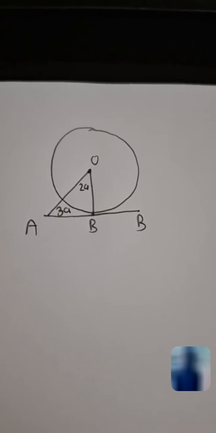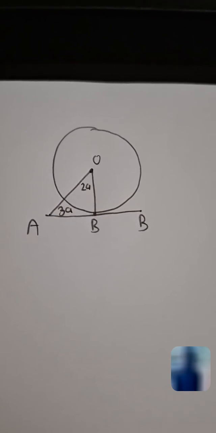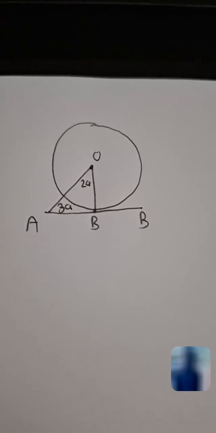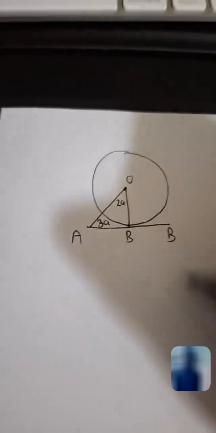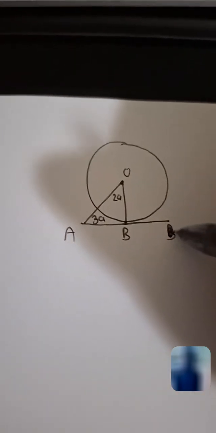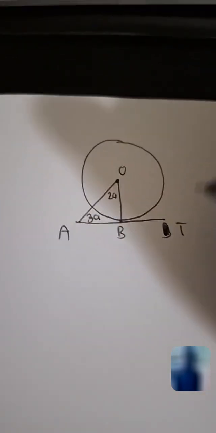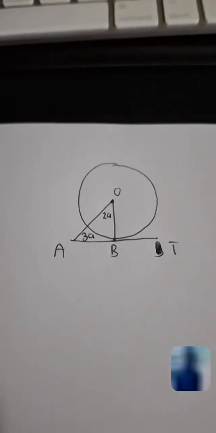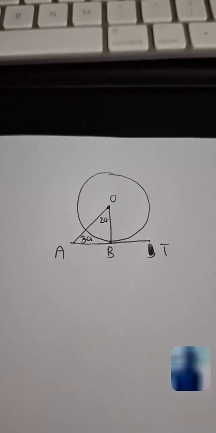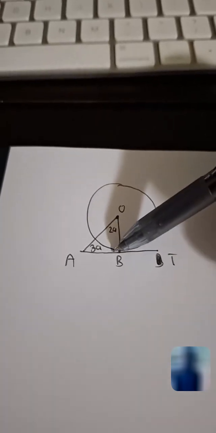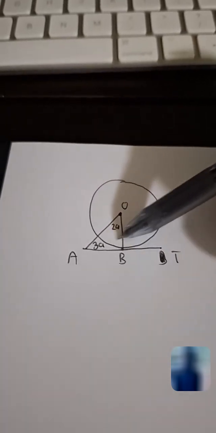So qala sithi angle B is equal to 90. Manje. Because angle bani? Angle B. When you are saying angle B, what are you talking about? Angle B is basically here.